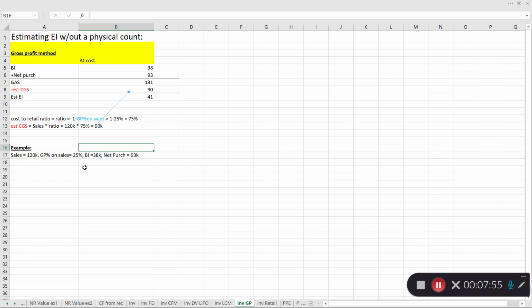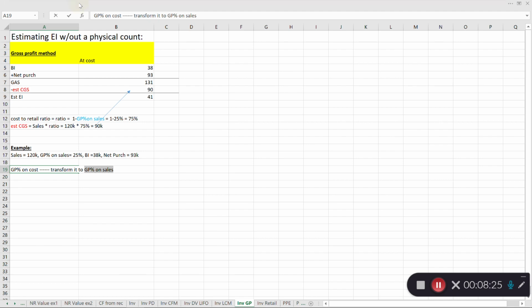Okay, so if for some reason you have the gross profit percentage stated as a percentage of cost, then you need to transform it through algebra, to convert it to a gross profit percentage on sales.